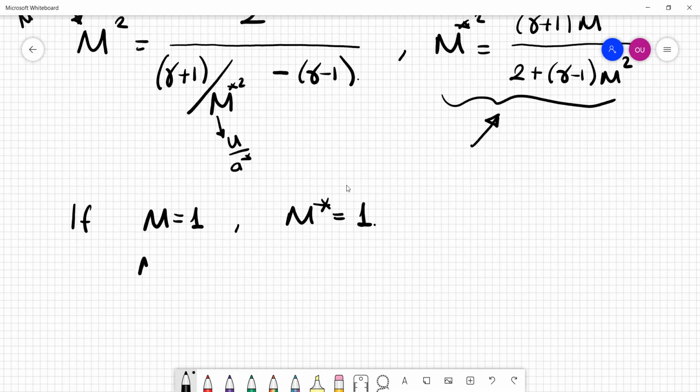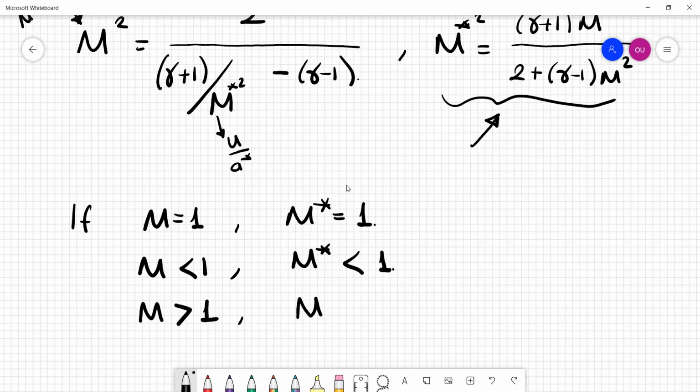If Mach number is less than 1, so we are basically talking about a subsonic flight condition, then M star, if you calculate it from this equation, you will see that M star is also less than 1. If M is greater than 1, so supersonic flight condition, you will see that the M star value at that location is also greater than 1.